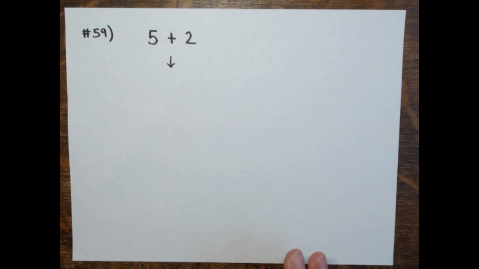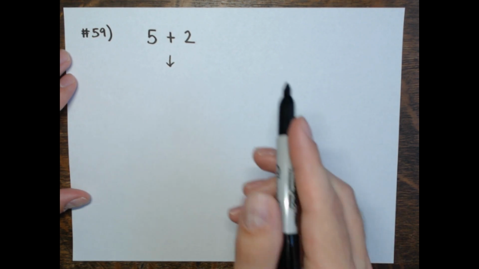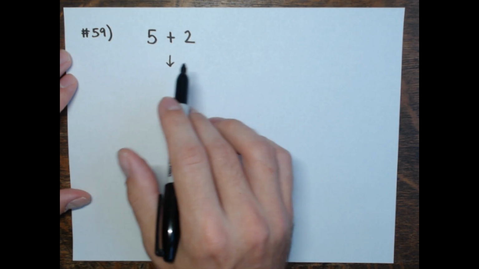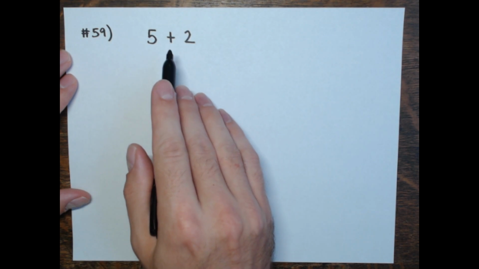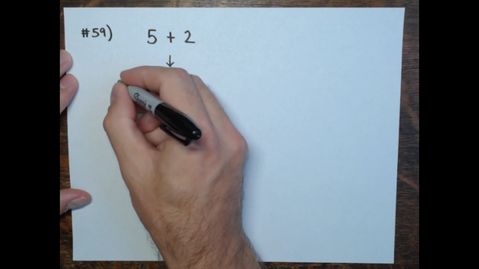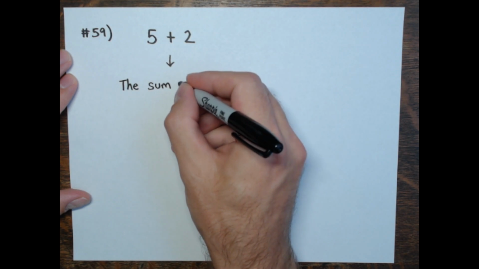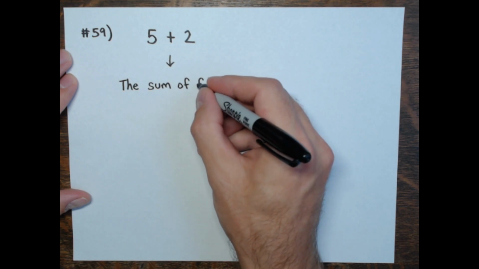Again, I'm assuming you've read the section or watched my videos on the parts of this section 1.2 before. So remember, there were lots of different ways to word plus and addition. We could call this the sum of 5 and 2.